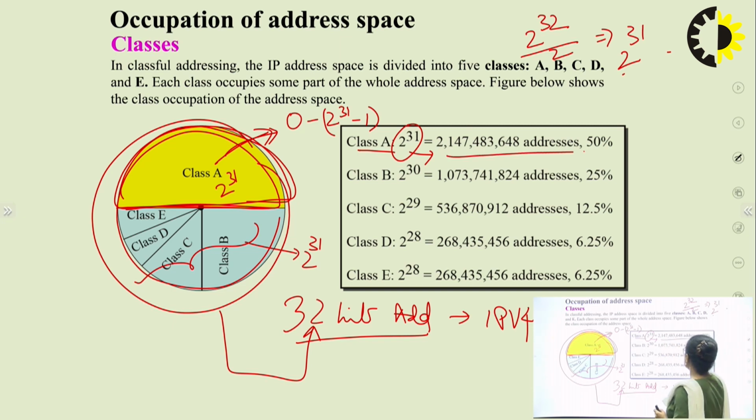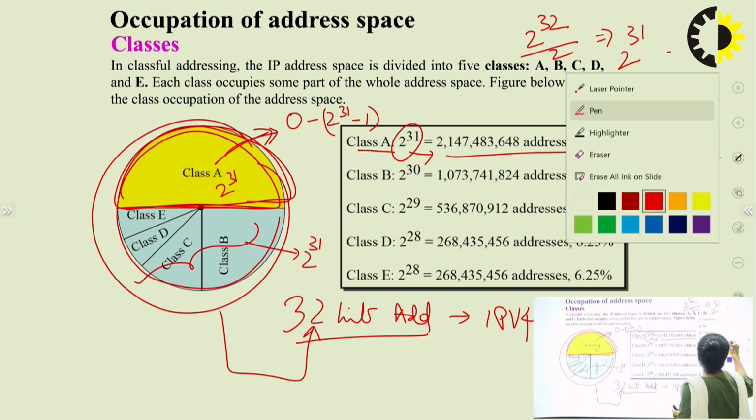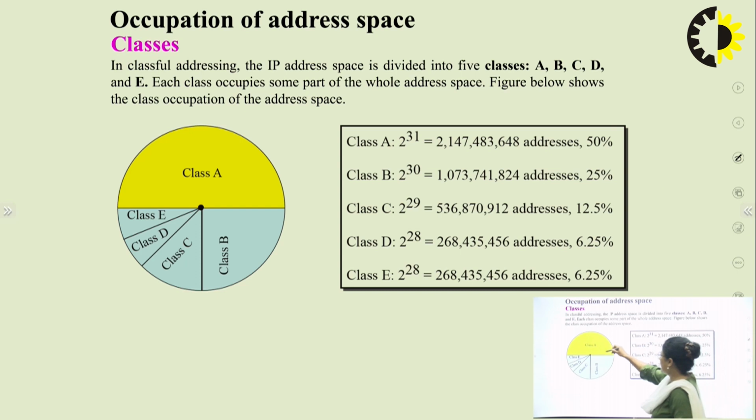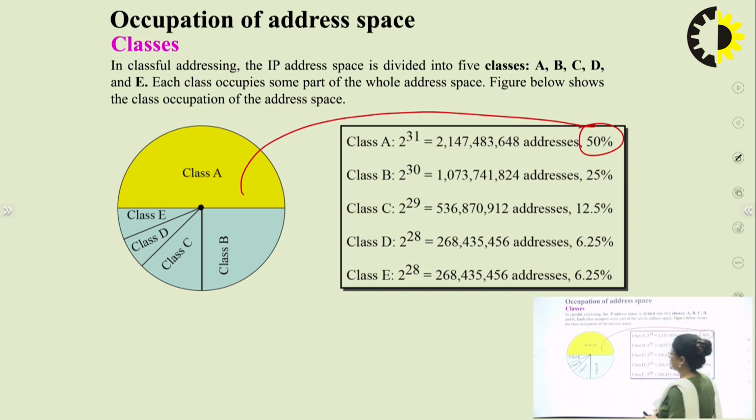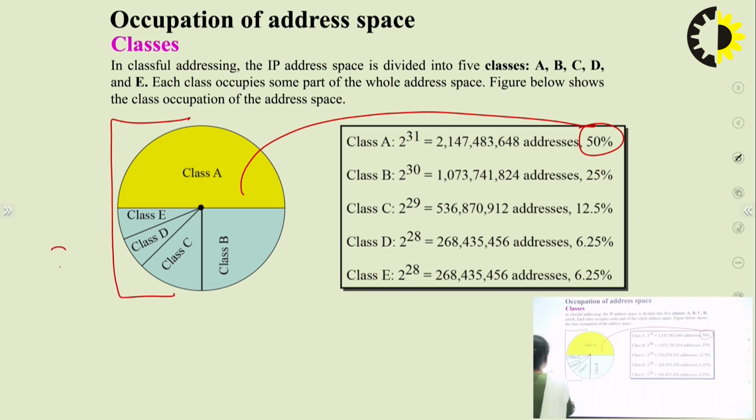If you look at this figure, class A takes up 50% of the addresses. Since the total is 2 to the power 32 values, half of it will be 2 to the power 31 values, and that comes under class A.